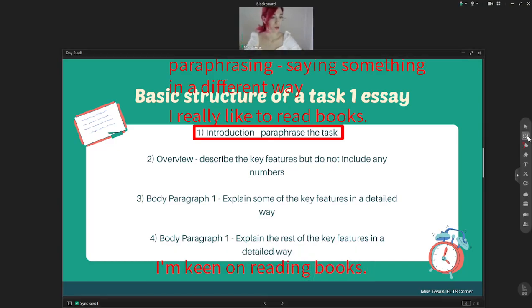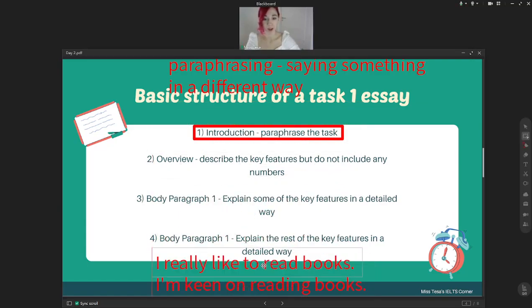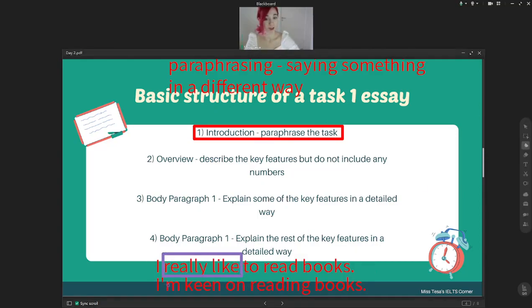See, these two sentences mean the exact same thing, except we just said it in a different way. Here I said really like, and here I said I'm keen on. Keen on and like are the same thing.